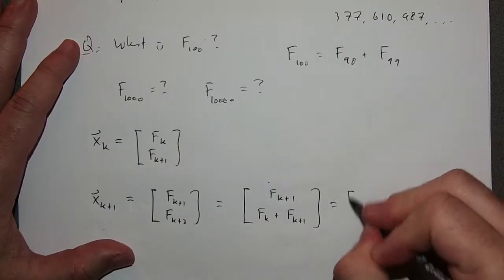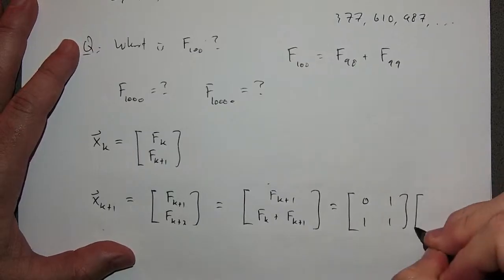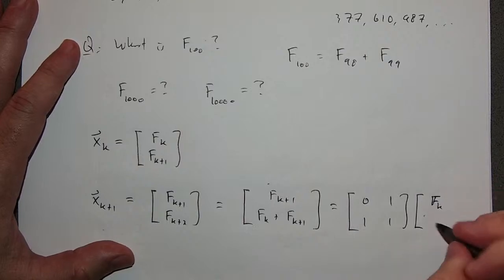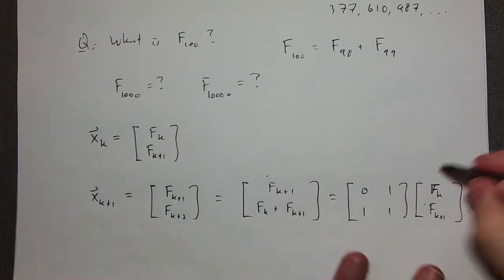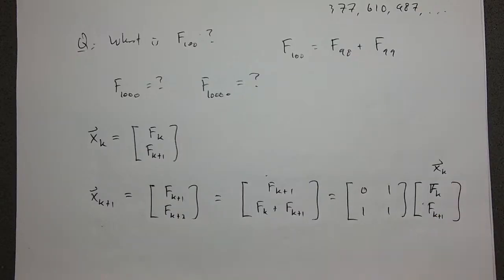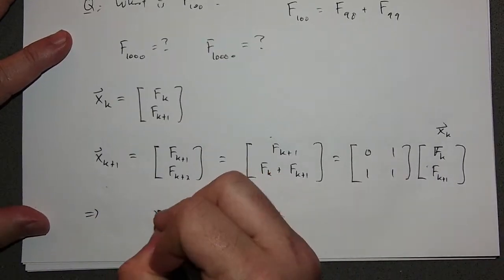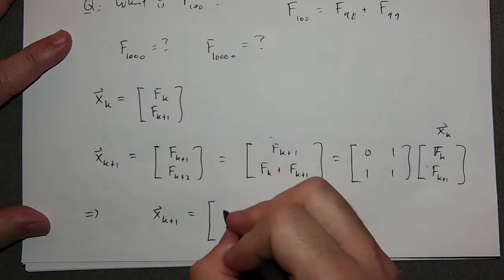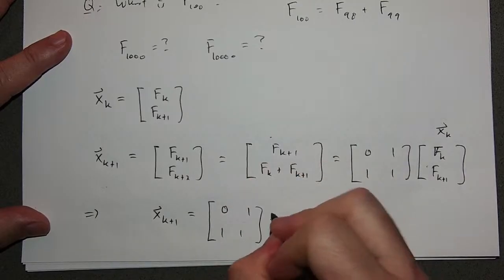Rewriting this as a matrix equation, this is the matrix 0, 1, 1, 1 times the vector f sub k, f sub k plus 1. But this vector is just x sub k. So I have a discrete dynamical system, x sub k plus 1 is equal to the matrix 0, 1, 1, 1 times x sub k.